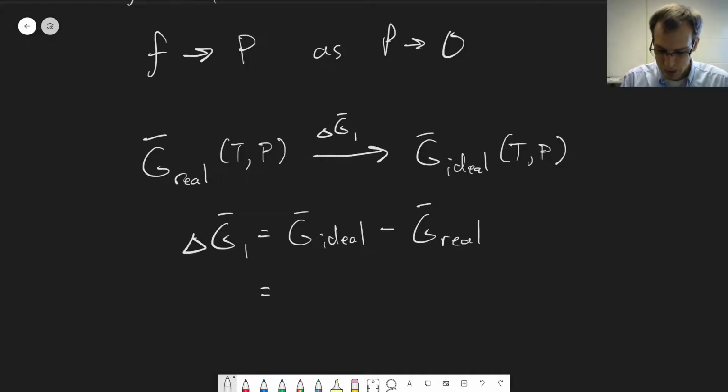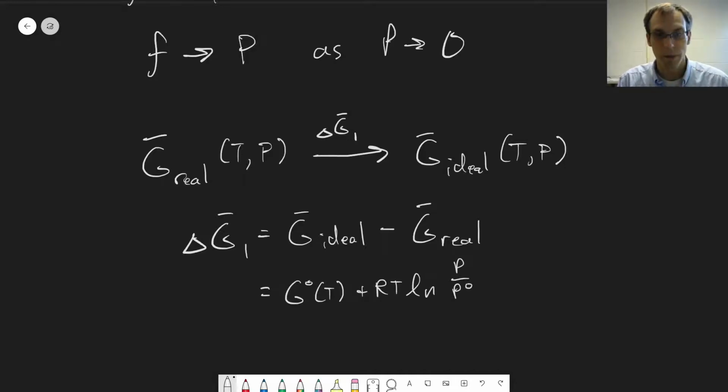And then we have expressions for the ideal gas behavior and the real gas behavior. We know the ideal gas behavior is G naught at our given temperature plus RT log P over P naught. That's the expression that we looked at earlier. And for the real gas, we have the same expression, but now we have fugacities instead of pressures.